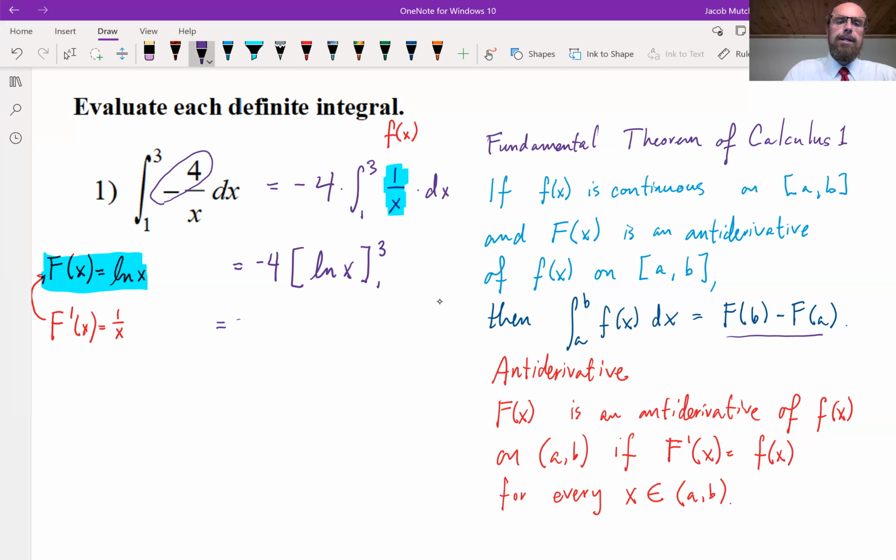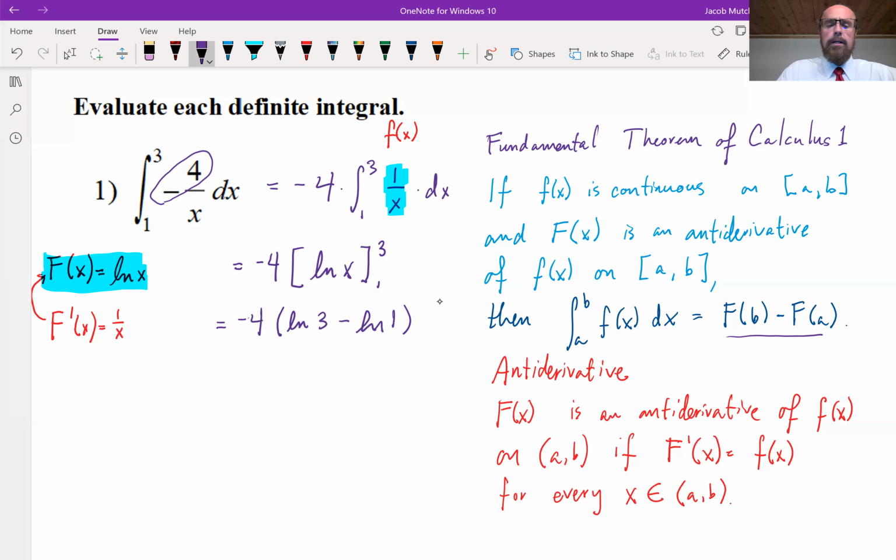This is now simply -4 times the natural log. My upper limit of the integration is going to be 3 minus natural logarithm of the lower limit of integration, 1. And there's a couple ways we could look at this difference of two natural logarithms.